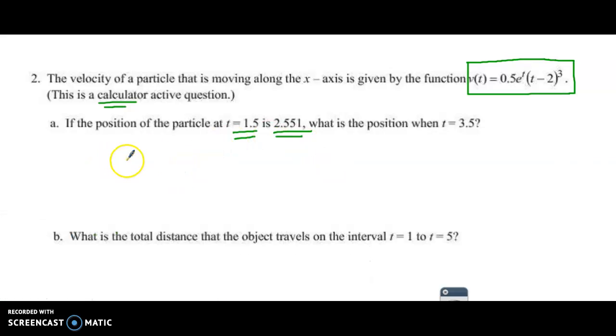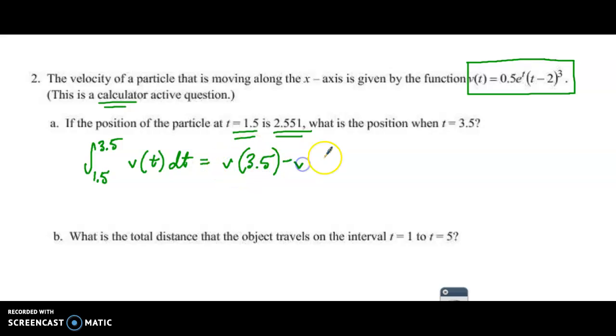Now, if you need to go through the whole process of understanding that the integral from 1.5 to 3.5 of v of t dt is equal to p of 3.5 minus p of 1.5. I'm sticking with the p value that he gives you, because it's got to be the antiderivative of v, which is p.